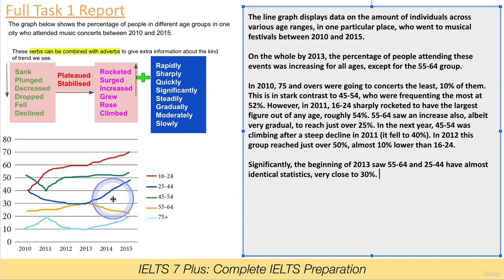Okay, brilliant. So maybe we could jump to 2014. Anything happening here? We've got lots of things happening in 2014. The following year saw both groups, maybe we could talk about them going in different directions.